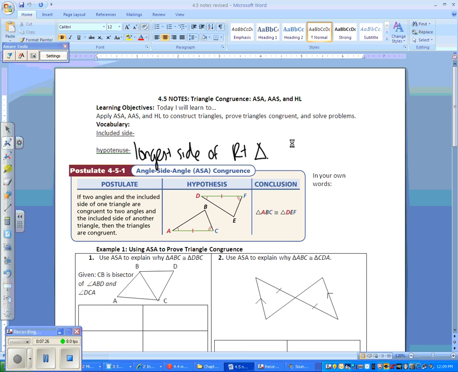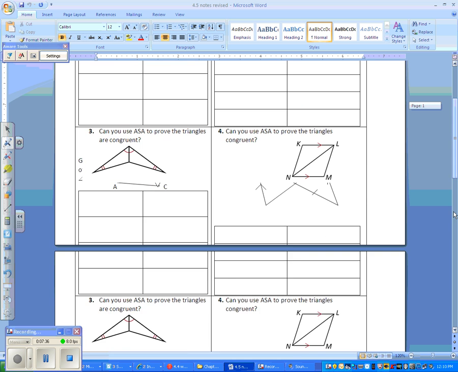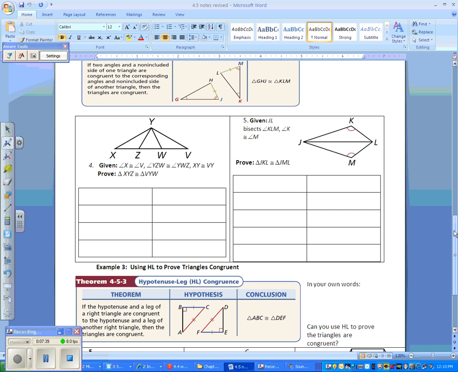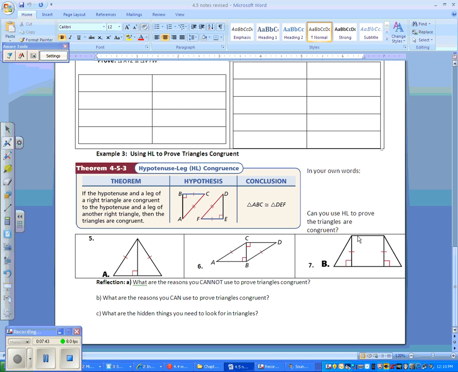So here's a right triangle. This one is the hypotenuse. It's always across from the 90 degrees, and it's always the longest side. When we have right triangles, it has its own triangle congruence theorem, and that's called HL. So again, this is only for right triangles.